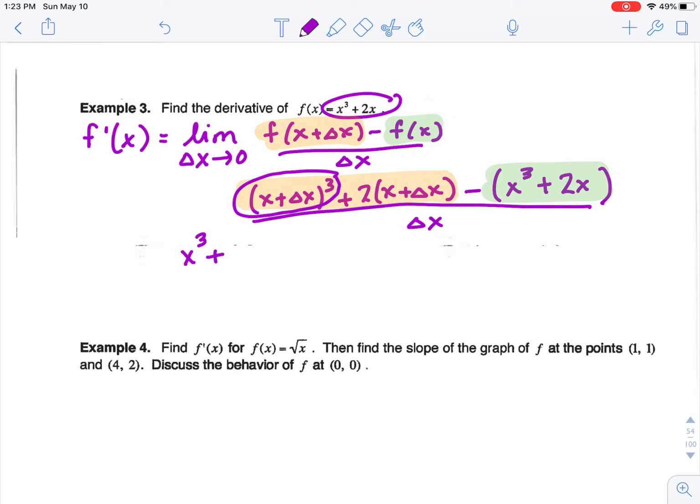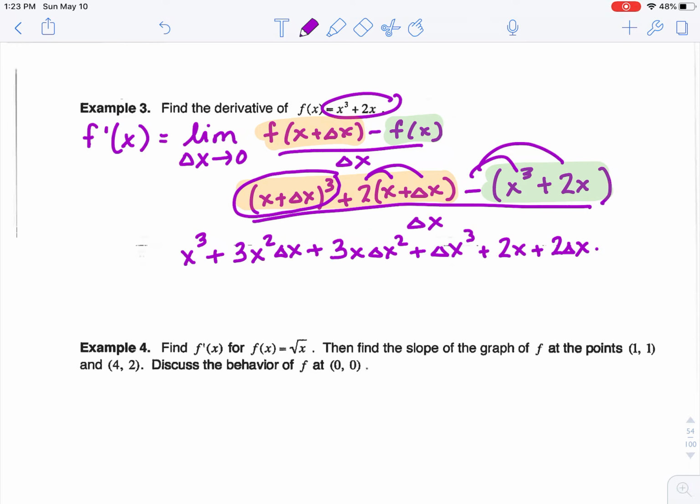So it'd be 1 x cubed and then 3 x squared delta x, 3 x delta x squared, and then 1 delta x cubed. So if you remember Pascal's triangle, you can kind of work that one out pretty quickly. Otherwise, you'd have to FOIL it all out, and you'd get that same answer. This next part, I'm going to distribute the 2. And then here I'm going to distribute the negative and hope that some of this stuff cancels out.